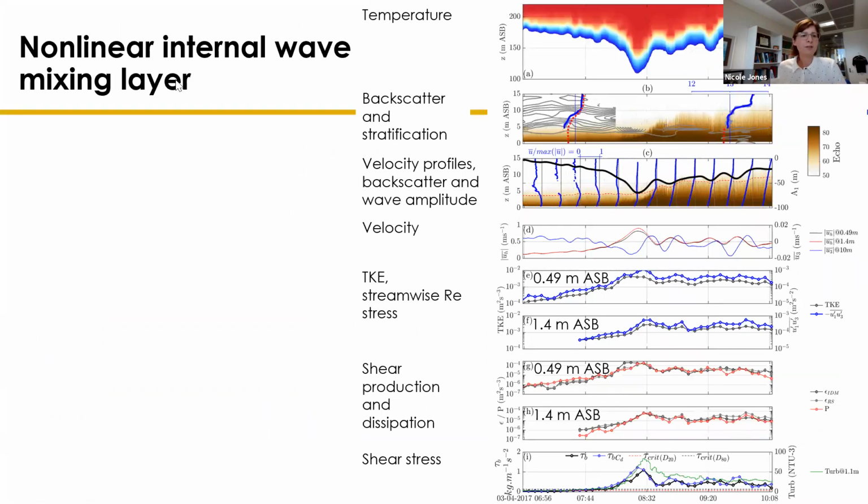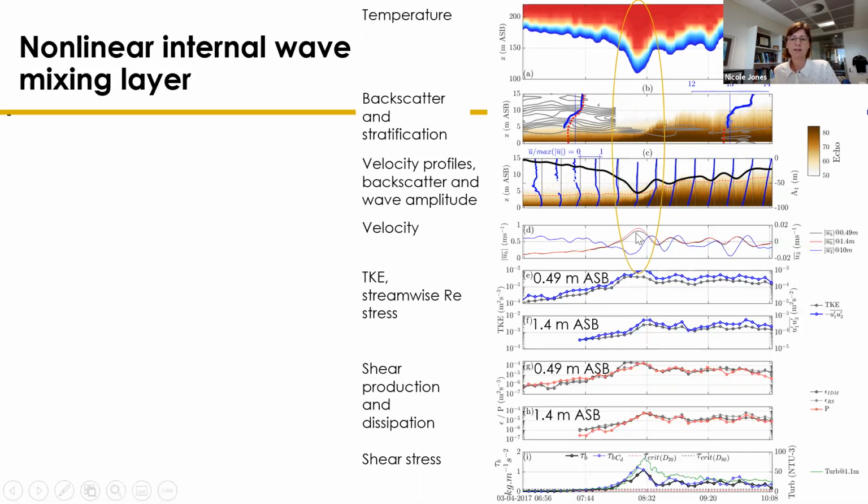Now we're just going to explore briefly what happens under one nonlinear internal wave. As I mentioned before, the straining of the isopycnals is quite important to all of this process. What we see as the isotherms are pushed down as the wave passes by is that we get a very strong response from the near bed velocity.